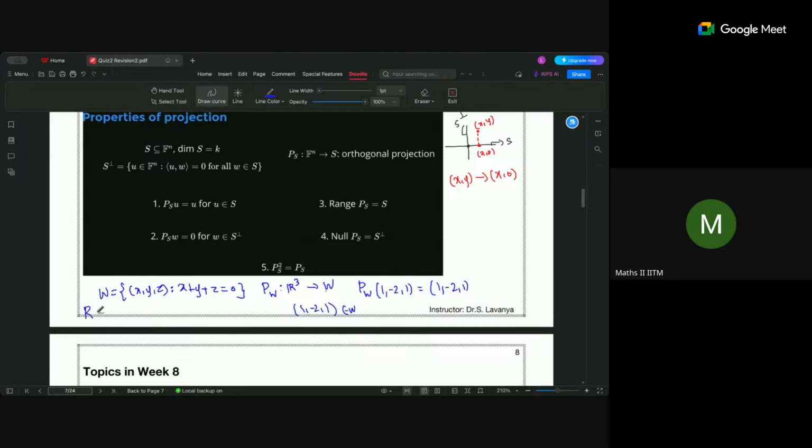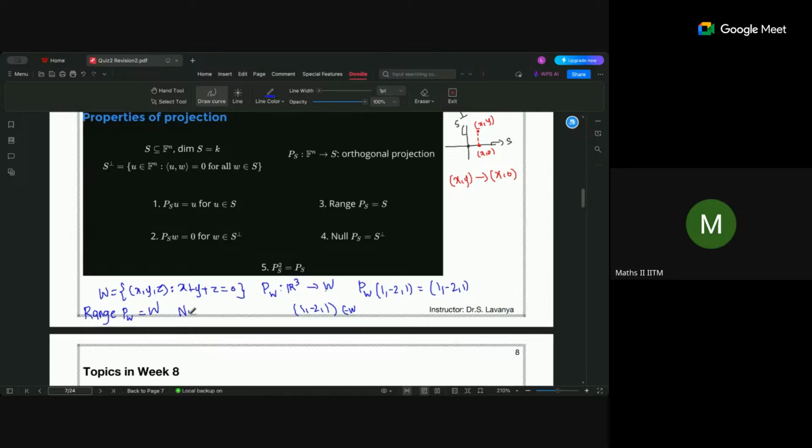What is the range of PW? Just look at the properties and tell me. Yes, the range of PW is W.